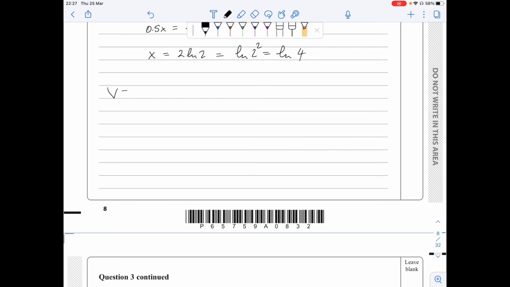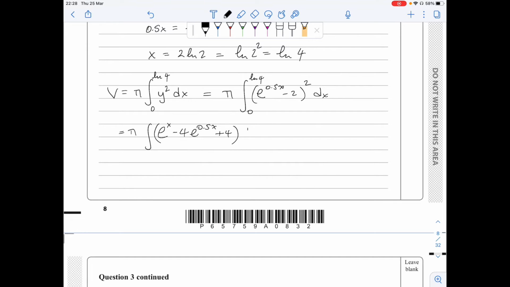So the volume of revolution is pi integral of y squared dx with limits 0 to ln 4. This is equal to pi integral of (e to the 0.5x minus 2) squared, same limits. I will expand this: e to the x minus 4e to the 0.5x plus 4 dx, same limits.